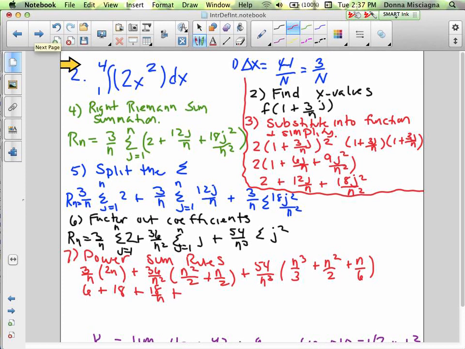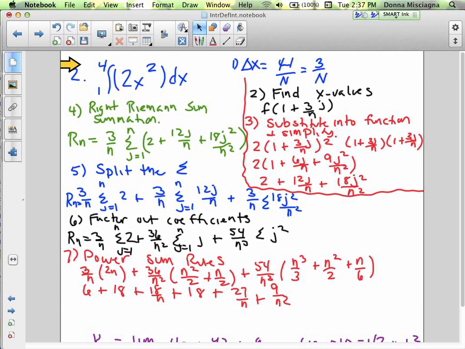All right, so 54 n over n cubed times n cubed over 3. The n cubes cancel, and that would be 18. And then we would have 27 in the numerator and n in the denominator. And then if we distribute to the last term, we're going to have 9 in the numerator and n squared in the denominator.